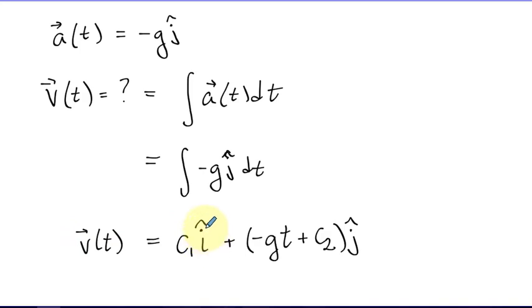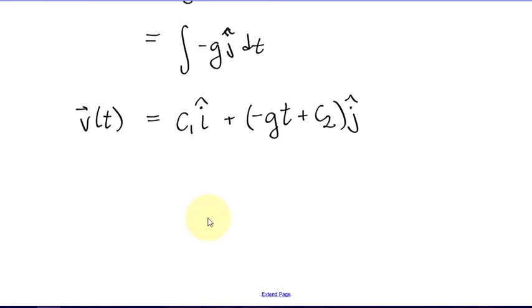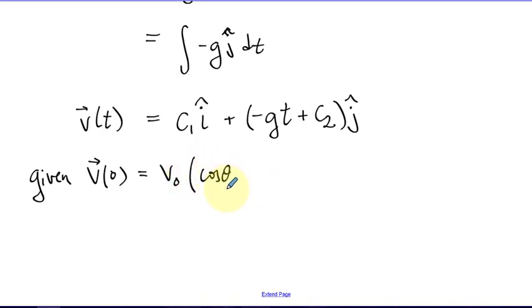And I did know the velocity at time 0 as a given parameter here. So let's put this information together. If we were given initial velocity, I want to write it like this. Velocity at time 0 as a vector is some scalar v0, that is the speed or magnitude of the velocity, cosine theta, where theta is a constant.